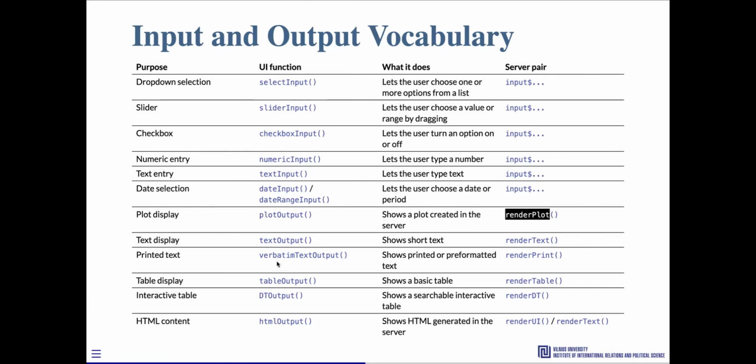If you want to show, for example, a table, great, we can put this in our UI, but this has to call an object, an output that is created by a function called render table. And inside of this, you will need some R code that creates the table.